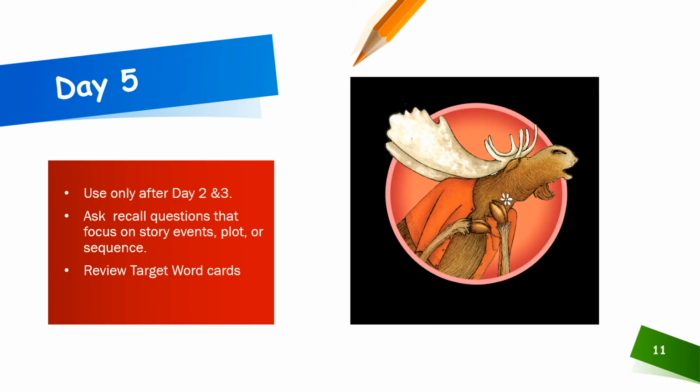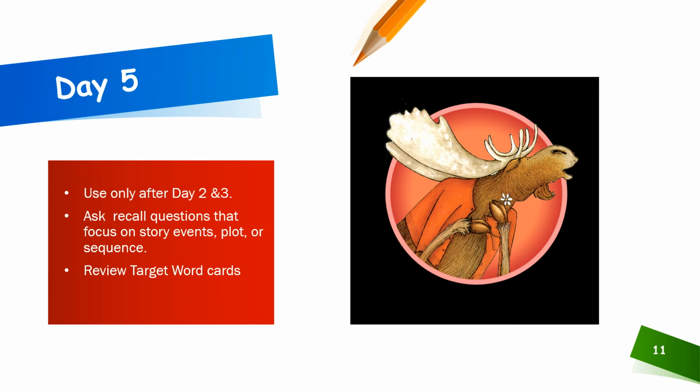Day 5 of dialogic reading is very unique. You're only going to use this form of questioning after day 2 and 3. You're going to ask recall questions that focus on story events, the plot, or the sequence of the story. So for instance, every book that I read with the children, I'm going to make sure that I ask what happened in the beginning of the story.